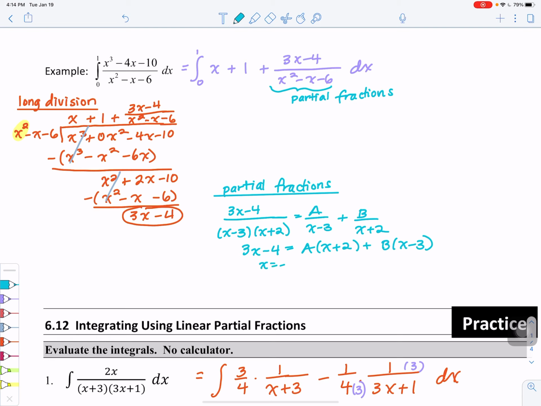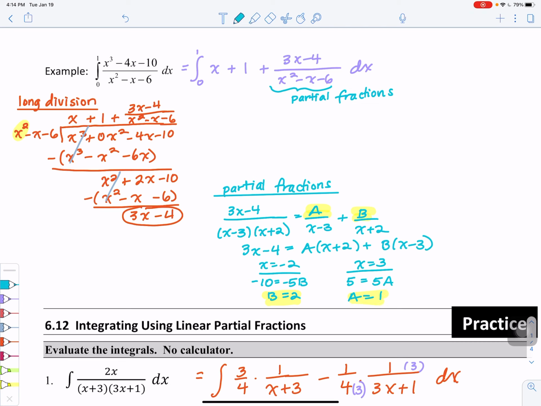We're going to have x equal to negative 2 and x equal to 3. When x is negative 2, this left-hand side, we get negative 10 is equal to negative 5B. So B is 2. And I always highlight those. And then when x is 3, we have 5 equals 5A, so A is 1.